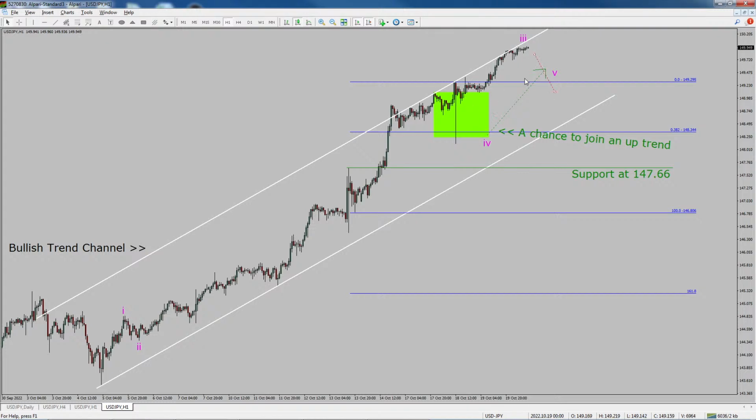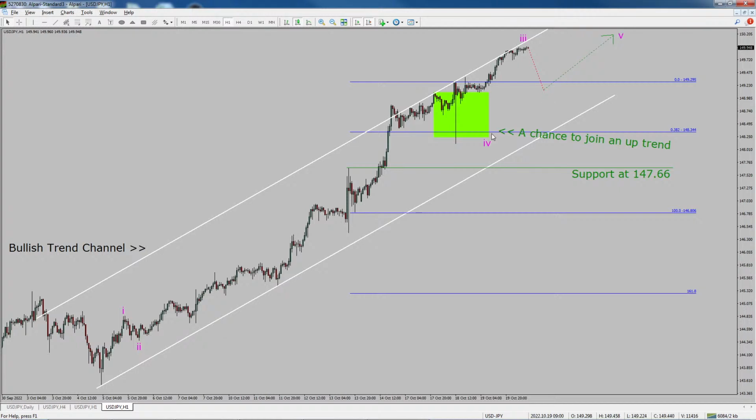So I do expect a top, but the long-term top is not near. You could get probably a short-term decline in the USD/JPY currency pair, and after that the market is going to resume the uptrend.